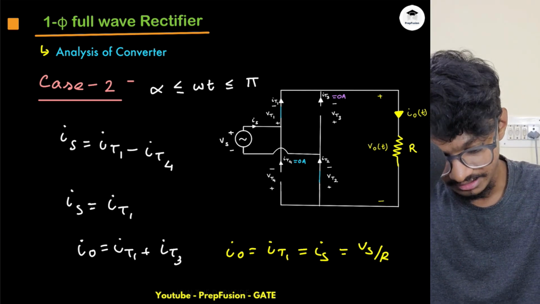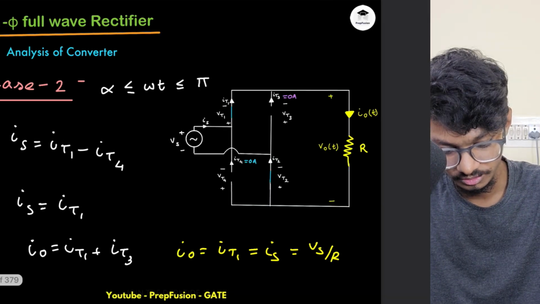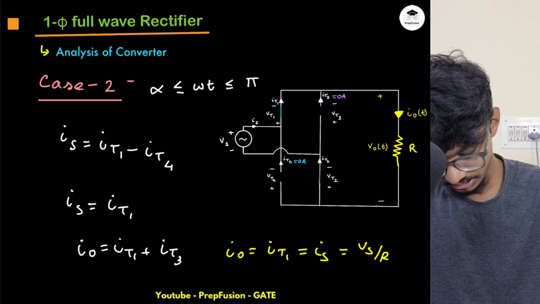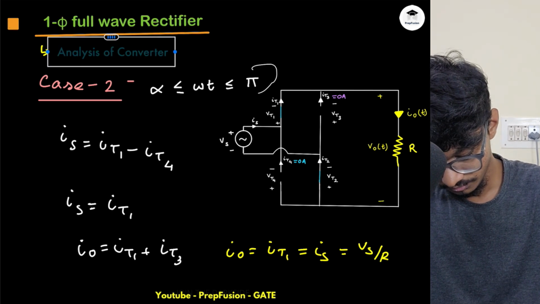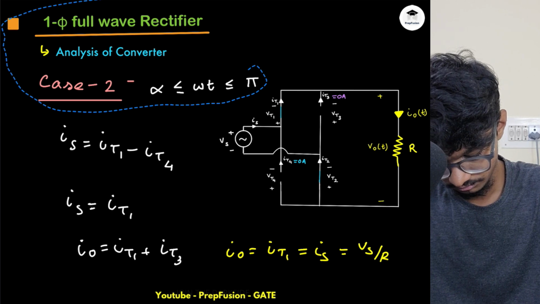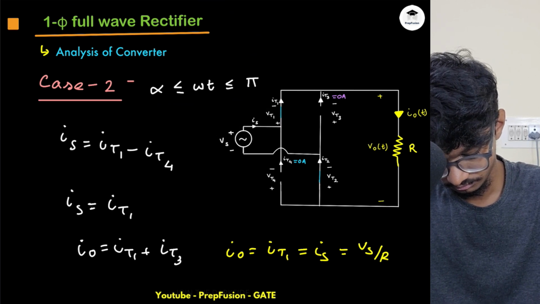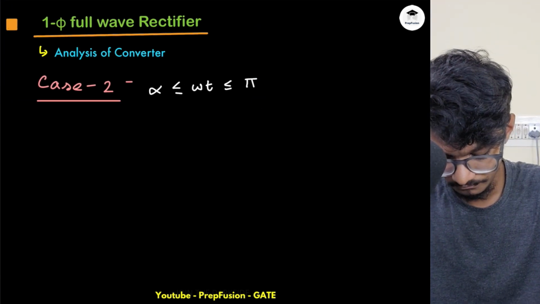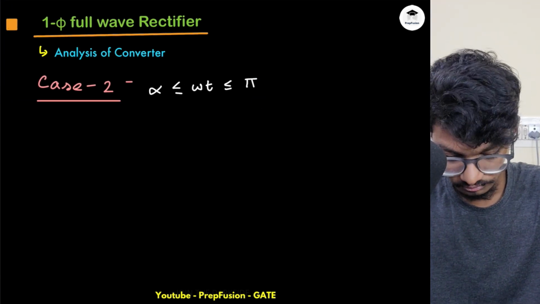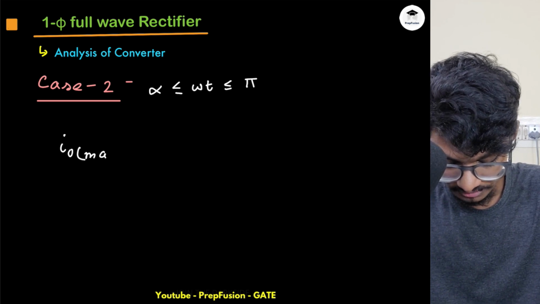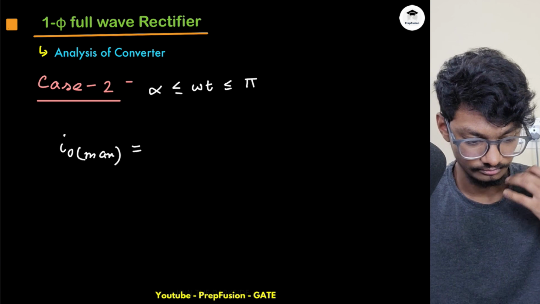Another important thing is, what is the maximum value that my current gets to? Let me write this as case 2. What is the maximum value of the current that can flow through the load?